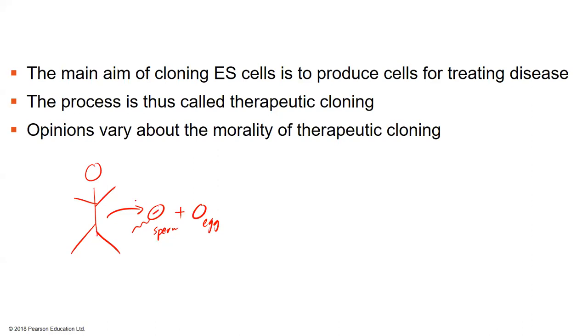So the DNA of this individual could be used as a donor, and then we have a zygote, and this zygote is allowed to divide until the blastocyst stage, and now we have the embryonic stem cells.